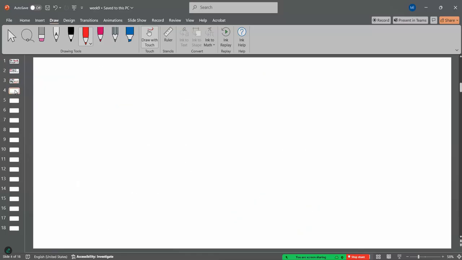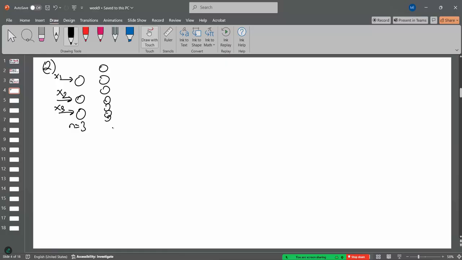So in the second setup we write x1, x2 and x3, and now n is equal to 3 here, but in the hidden layer we have too many neurons. This is bigger than n.